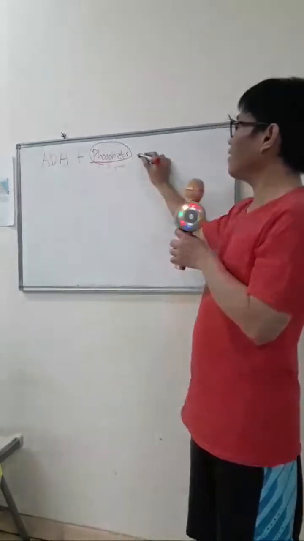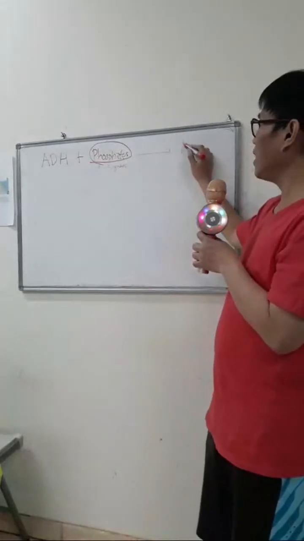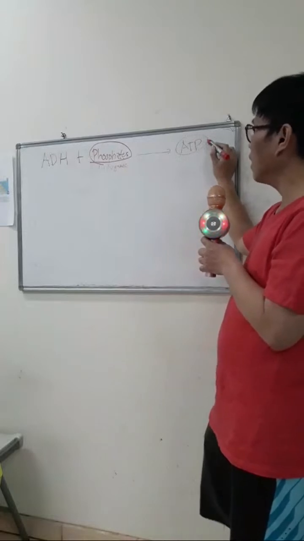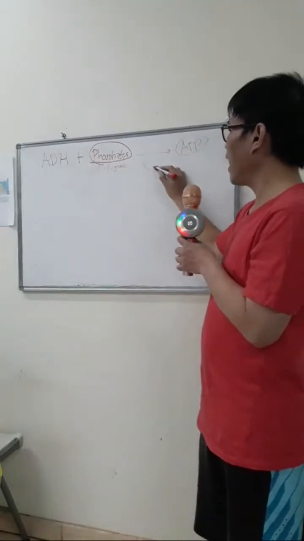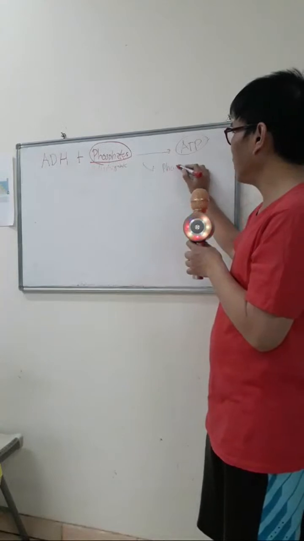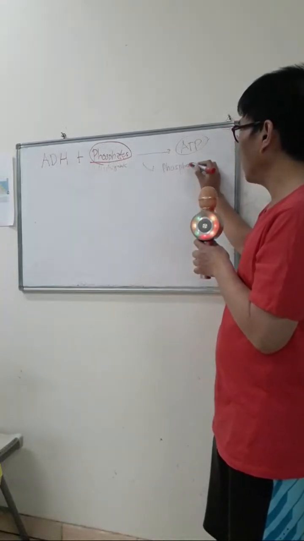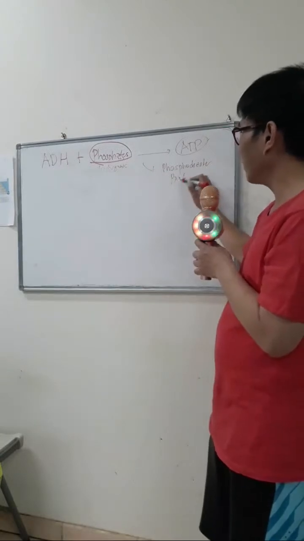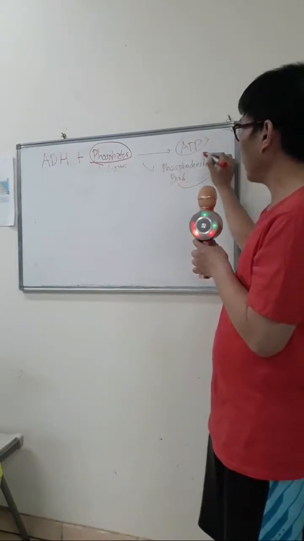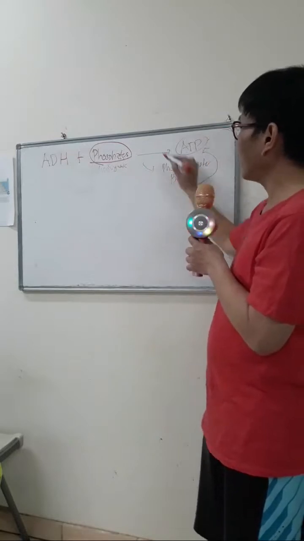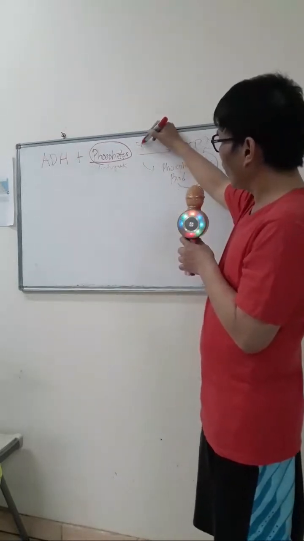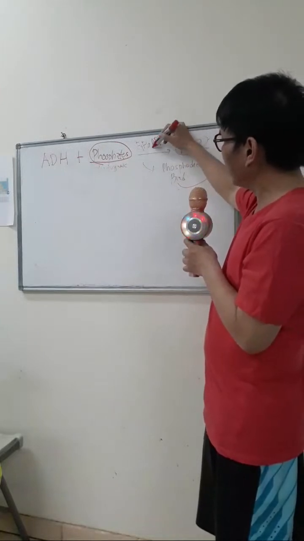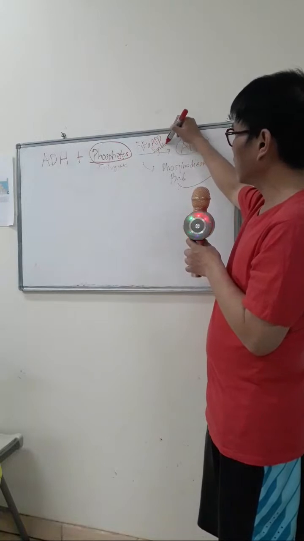It will synthesize to ATP, but before releasing ATP molecules, it will have a phosphodiester bond, and this catalyzes the reaction to produce ATP. You get the point, and our enzyme is F1F0-ATP synthase.